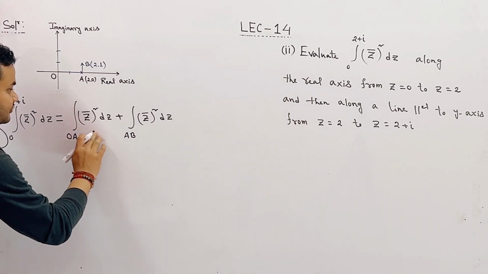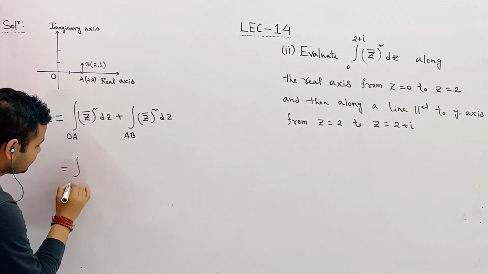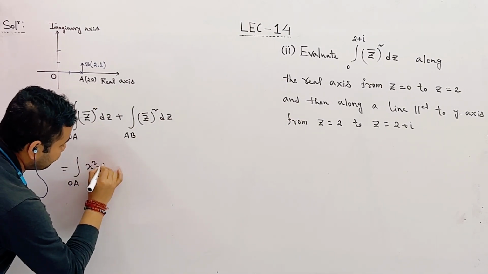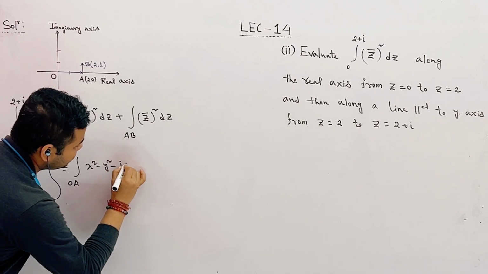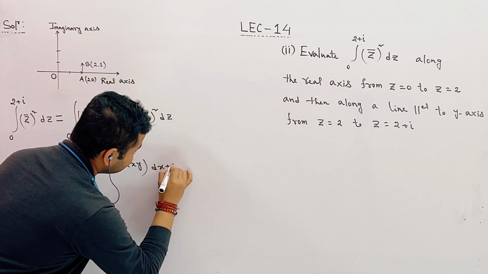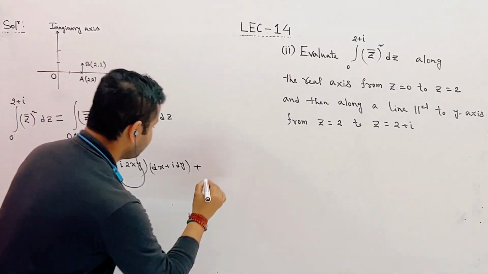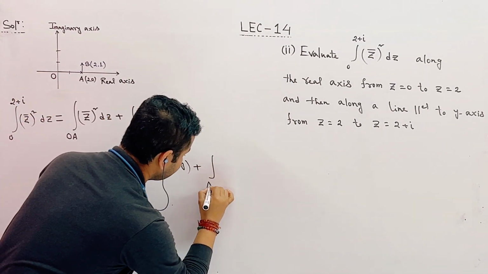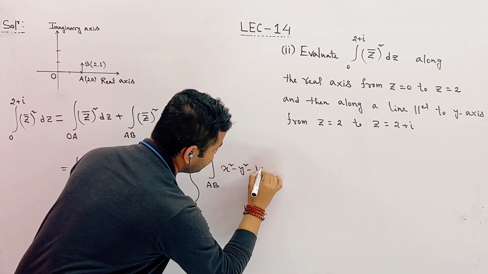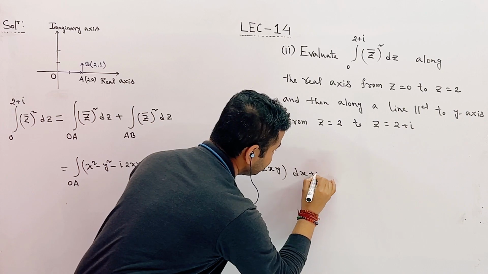So after substituting and simplifying, we will get the integration along path OA of (x square minus y square minus iota into twice xy) into (dx plus iota dy), plus the integration along path AB of (x square minus y square minus iota twice xy) into (dx plus iota dy).